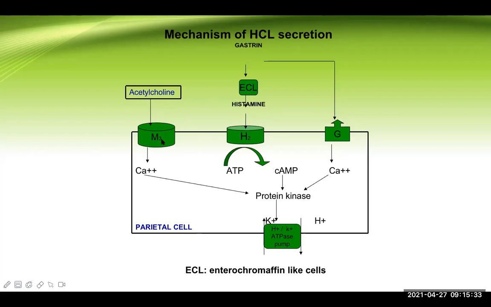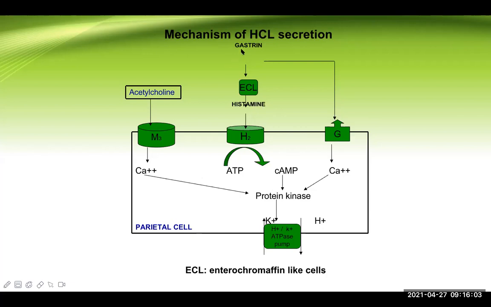Acetylcholine has calcium as the secondary messenger. This calcium acts on protein kinase, which is responsible for phosphorylation and then fusion of those vesicles, or movement of the vesicles and all the things occurring inside the cell. Let's not go into the detail; it's a bit deep, and you don't need to know it at that level.